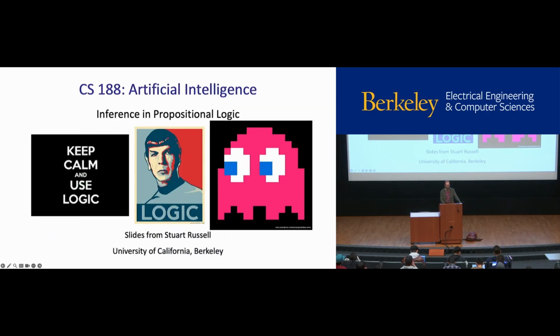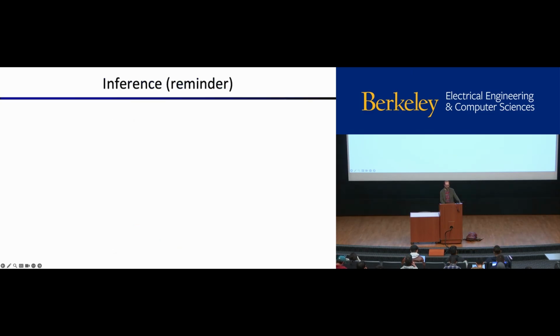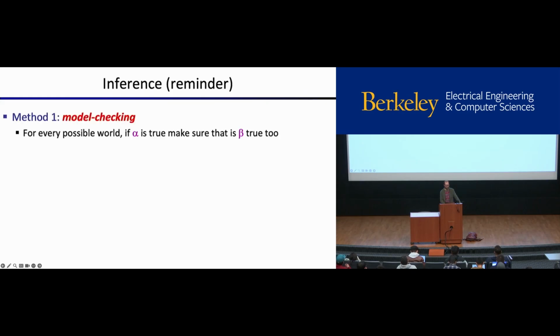Okay, let's get a bit of a head start on the next topic. We're going to start with a simple theorem proving algorithm, a way of checking entailment in some settings. So here were our two forms of inference.